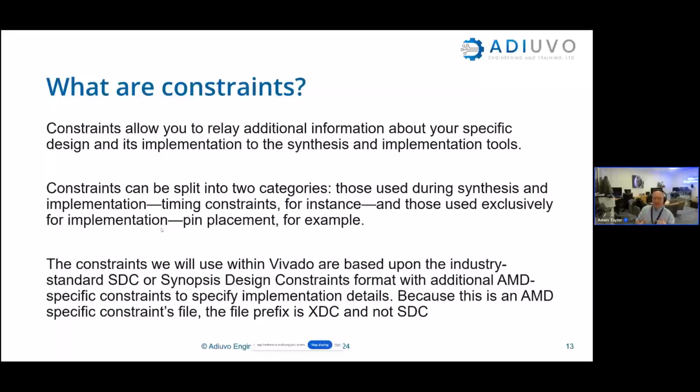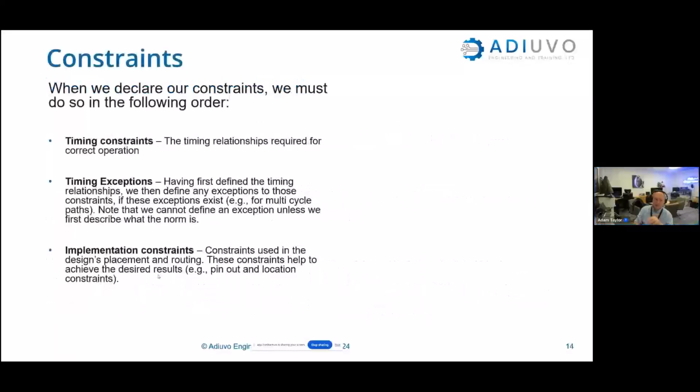We can tell it to apply them just during synthesis or place and route, or we can use them for pin placement. So we'll find two groups of constraints: the ones used for timing and the ones used for placement. By default, the AMD ones use an XDC format, which is based around the industry standard SDC format, as an extension to that.